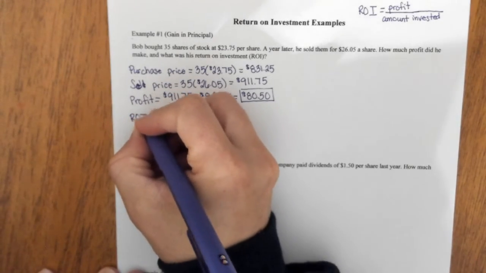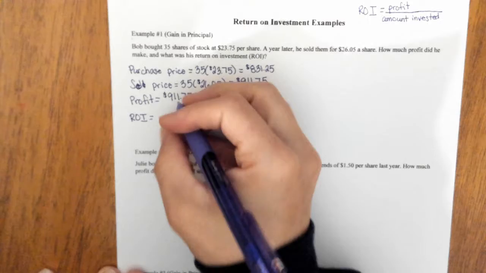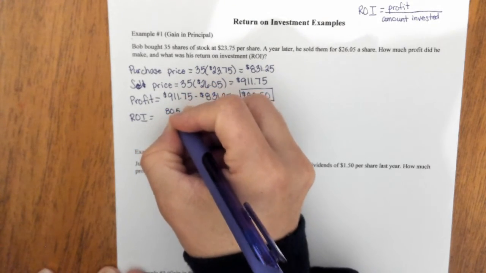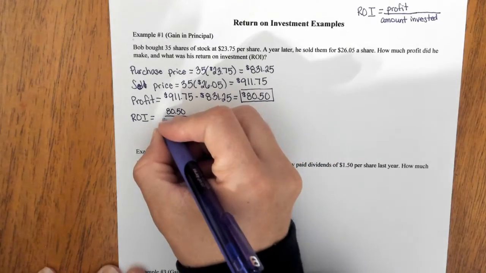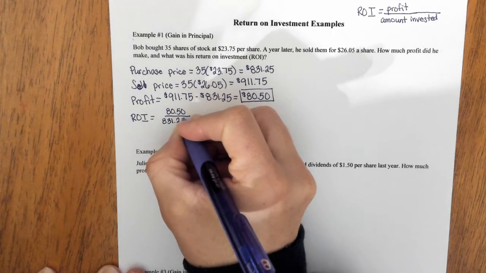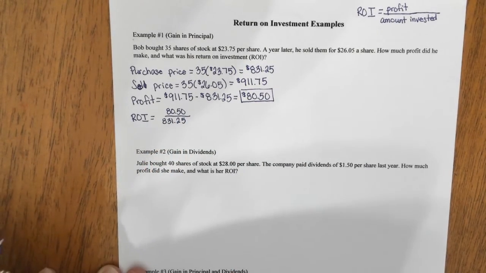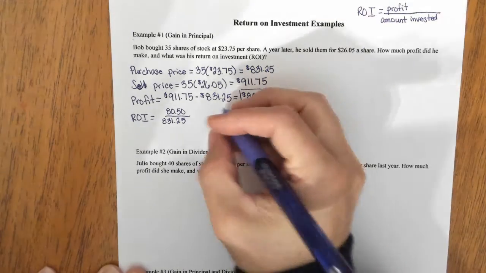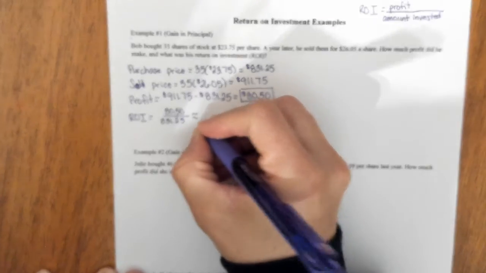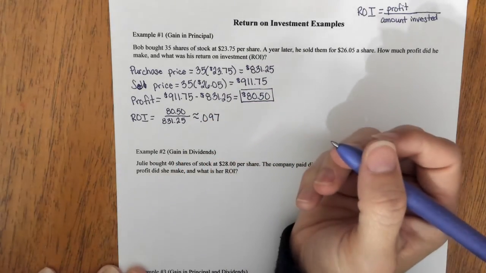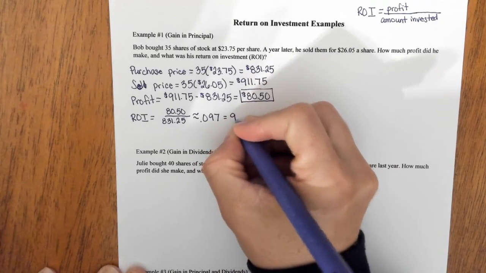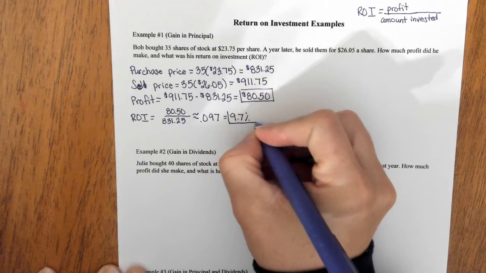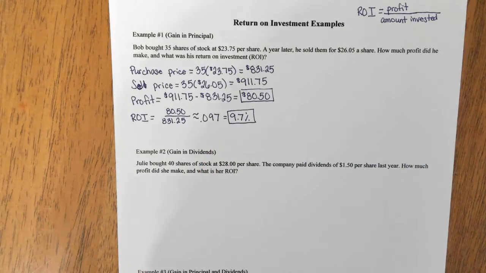So his ROI is the profit, $80.50, divided by the amount invested, that's how much you paid for it, how much he put in out of his pocket, $831.25, so this is about 0.097, if I round it, which is 9.7%. So he almost made 10% back in a year on this investment.